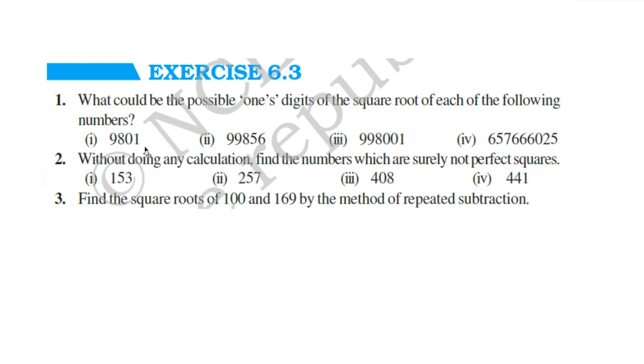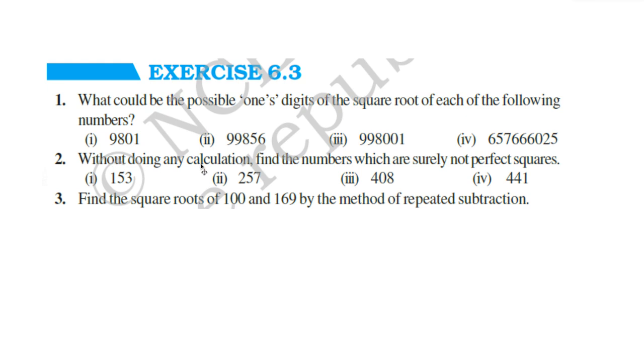So 1 and 9 square is ending with the digit 1. So its possible square root will be 1 or 9, the numbers ending with 1 or 9. Similarly, find the other numbers' square roots. The possible ones digit of the square root you have to find out.